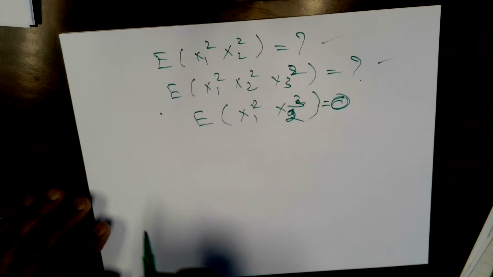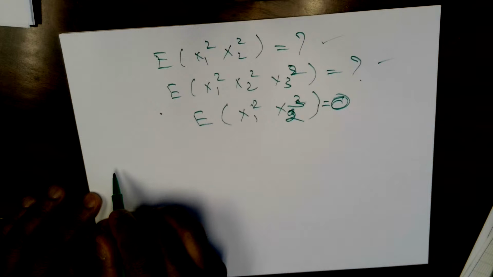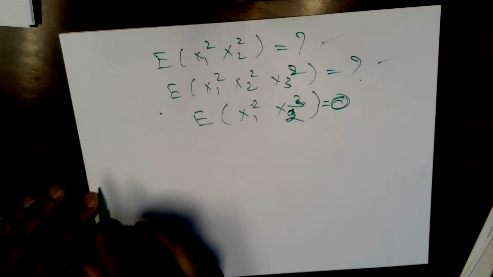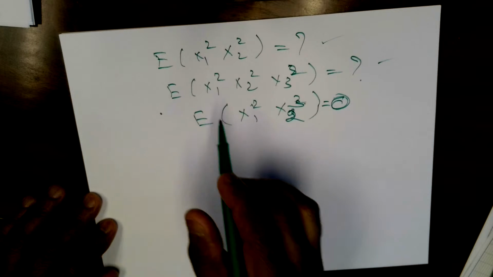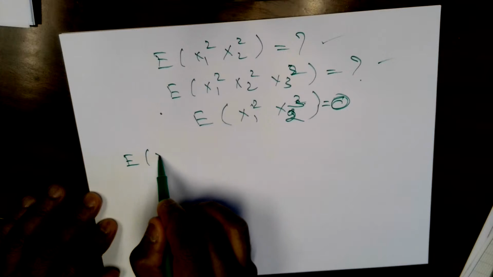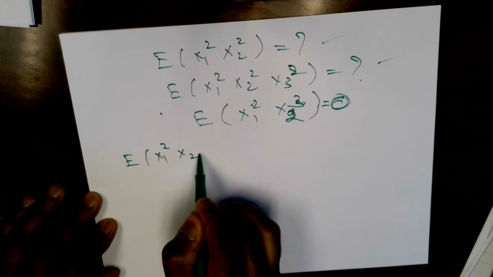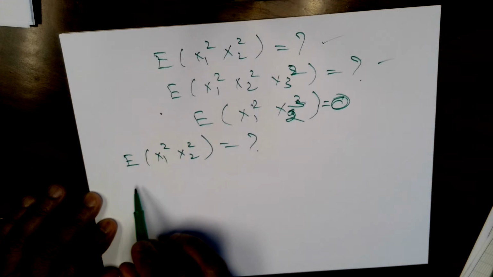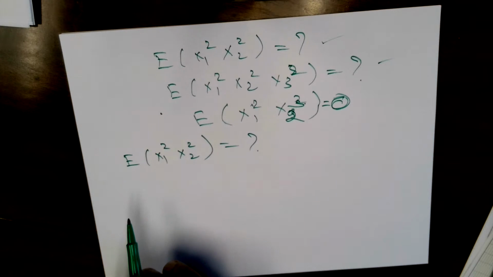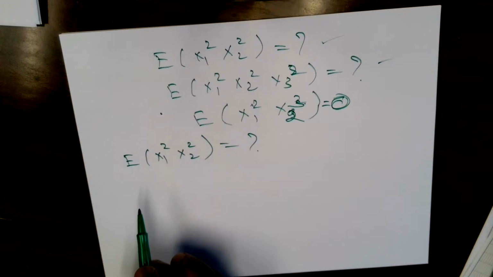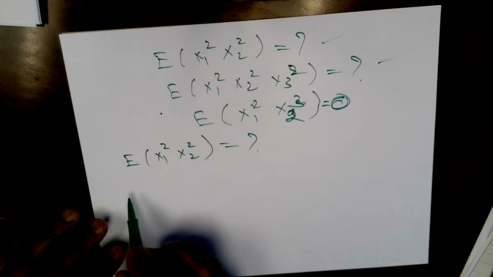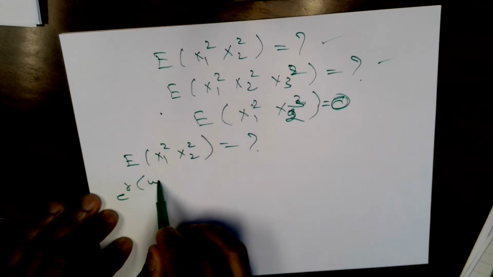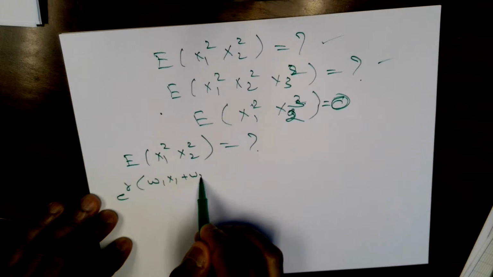So on the left side, let me start one by one, and do each case separately. There are 2 random variables here. If you expand this, this is e raised to j omega 1 x1 plus omega 2 x2.